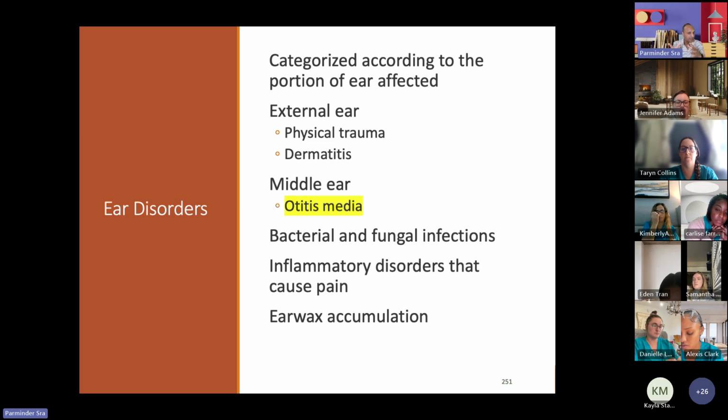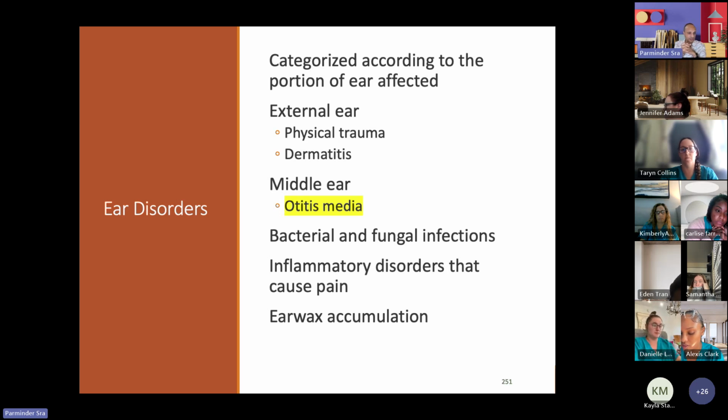As far as middle ear disorder, the infection in the middle ear is called otitis media, middle ear infection. Infection with or without inflammation in the middle ear, very commonly seen in children.